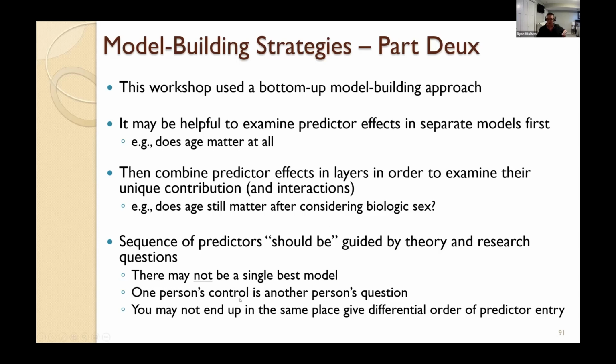Also, one person's control or covariate is another person's question. So your disability outcome we used in this example might be somebody else's predictor variable for something else, right? Just keep that in mind. If you're working in exploratory land, stay there with your interpretations. Just make sure you're interpreting the effects correctly.